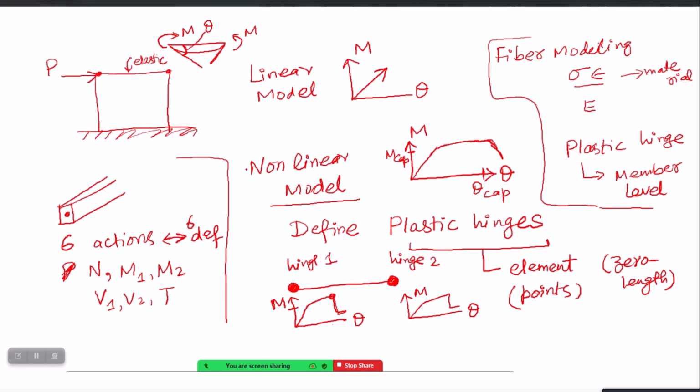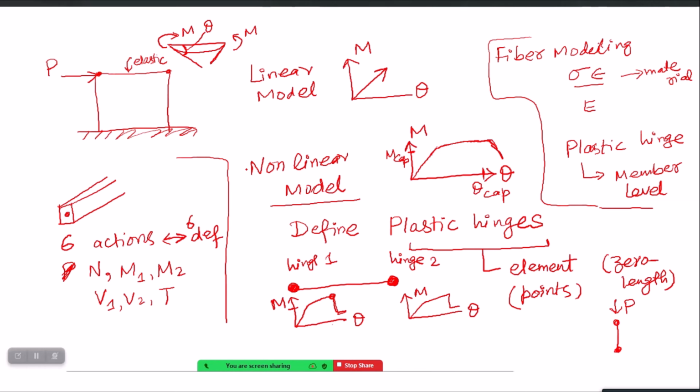For example, for a column, if you have these two nodes and it is subjected to axial load P, and you want the relationship between axial force and axial shortening as nonlinear, then you can use a particular plastic hinge to do that, and that will be an axial hinge now, not the moment hinge.